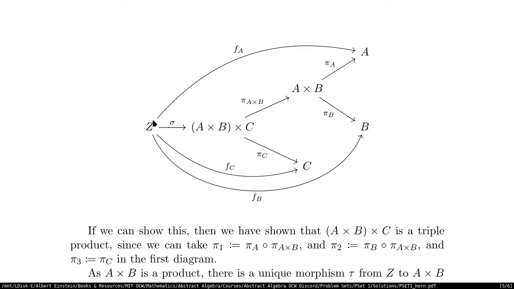Aren't you also going to have an F_{A cross B} that goes from Z to A cross B? I think you do need that one.